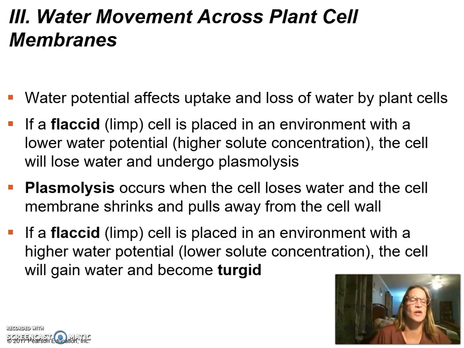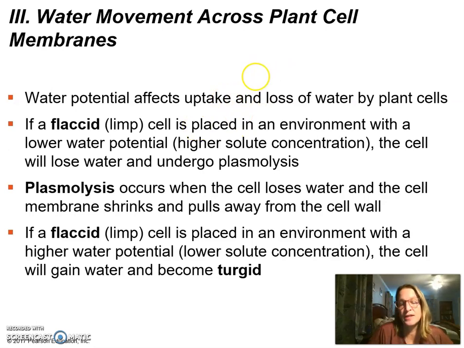The other scenario is if you have a flaccid cell. Again, it's a cell that doesn't have a lot of water in its central vacuole, and you place that into an environment that has a higher water potential or low solutes in it. In that case, the cell has the lower water potential, and water is going to move into the cell, and it's going to gain water, and then the cell becomes turgid.